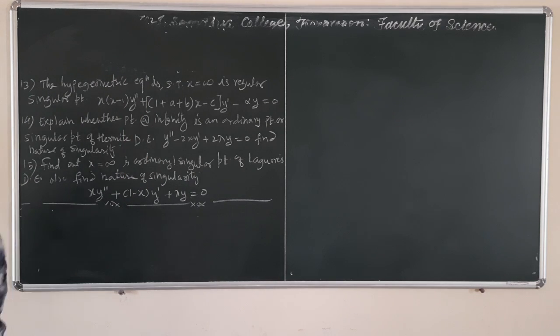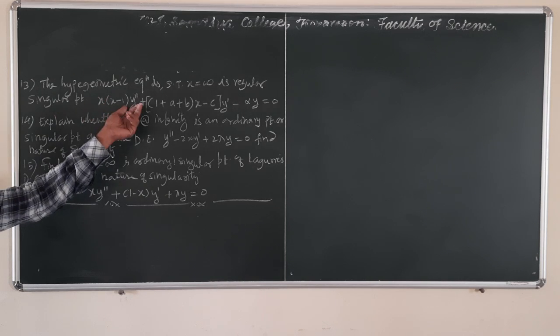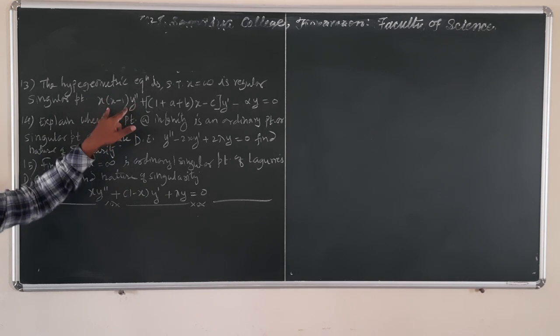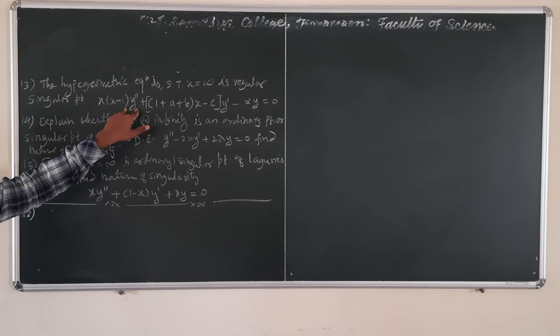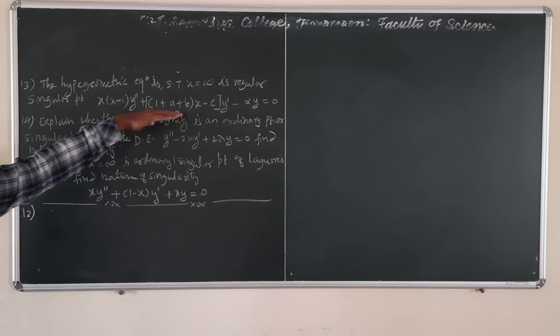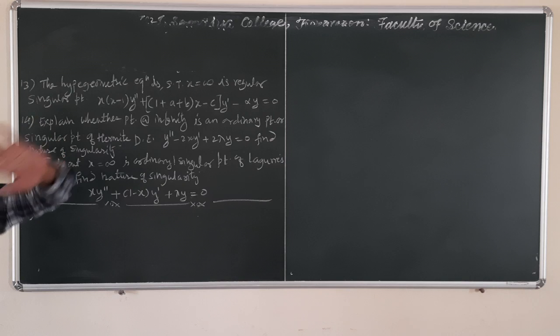Okay, now problem number 13. So here we have given this differential equation. We know that we have to convert this differential equation so that the coefficient of y double dash must be 1. So we have to divide this equation by x into x minus 1.